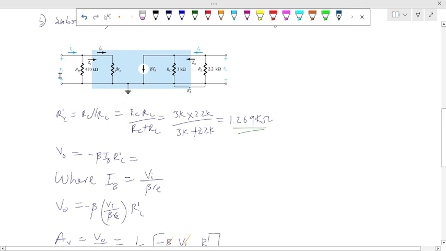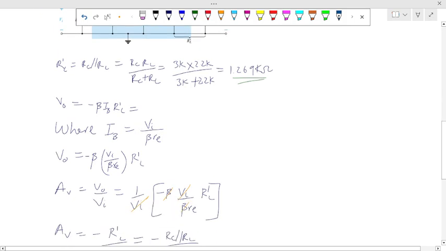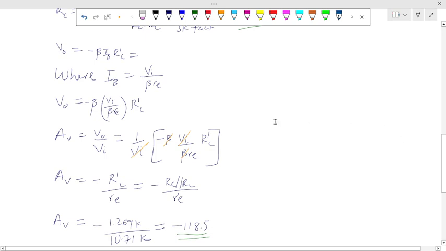So the input voltage over the input resistance, this is the sum total input resistance. So that will give us this value. Then what they did now is to take IB, carry everything, plug it there, which is this. So this is the output voltage.